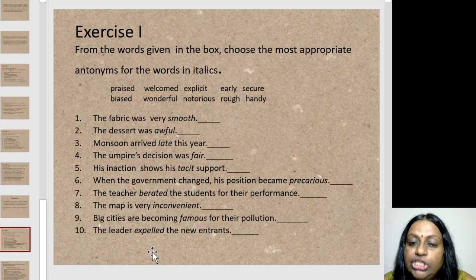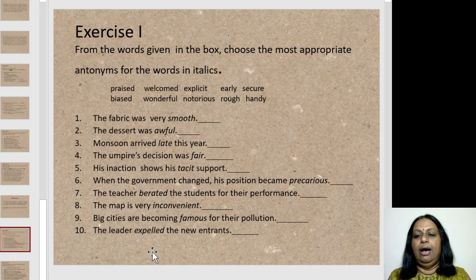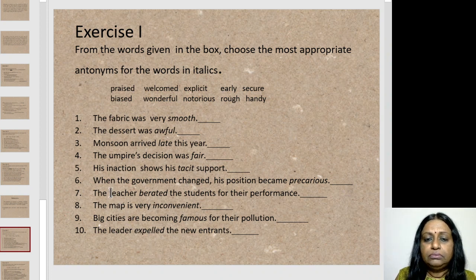His inaction shows his tacit support. His inaction shows his explicit support. Tacit is undercover, not overt. Okay, so explicit would be the opposite.